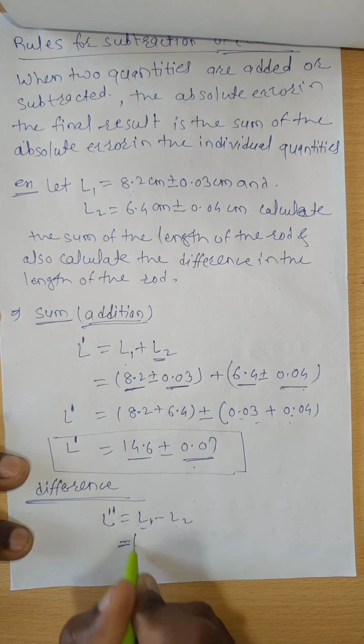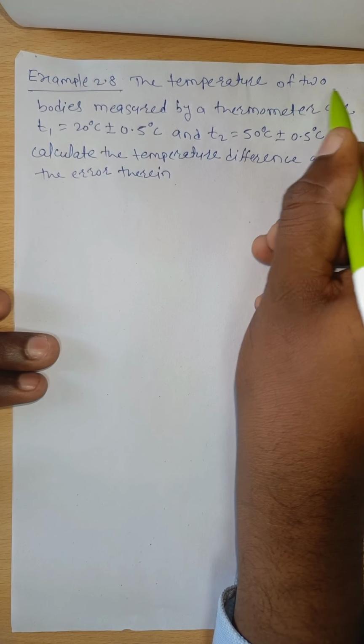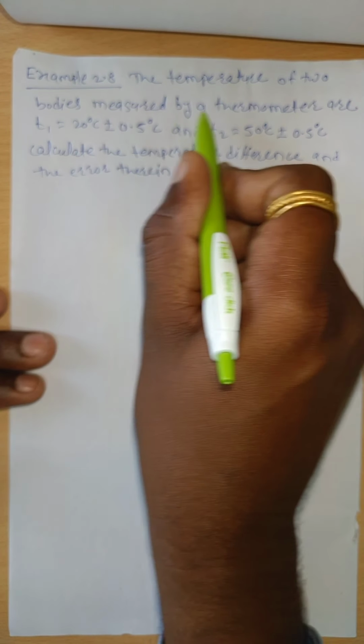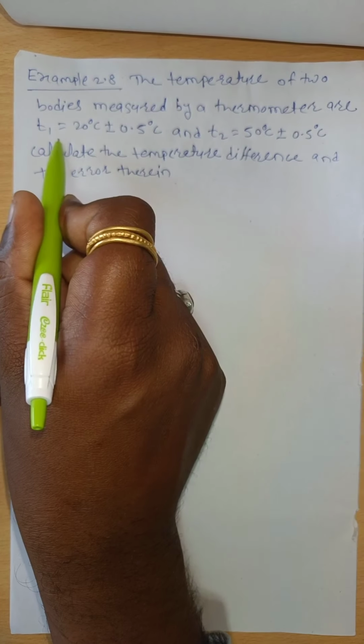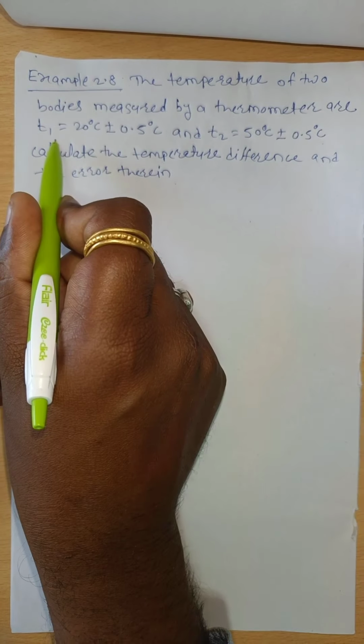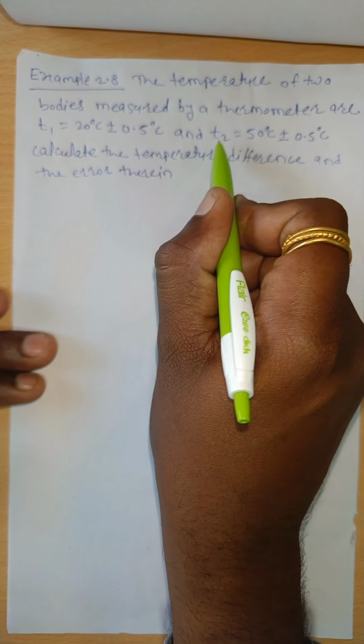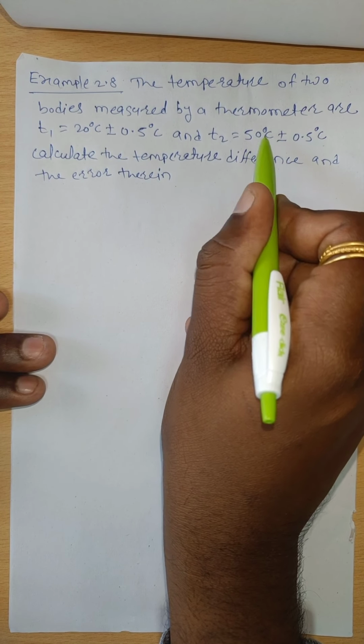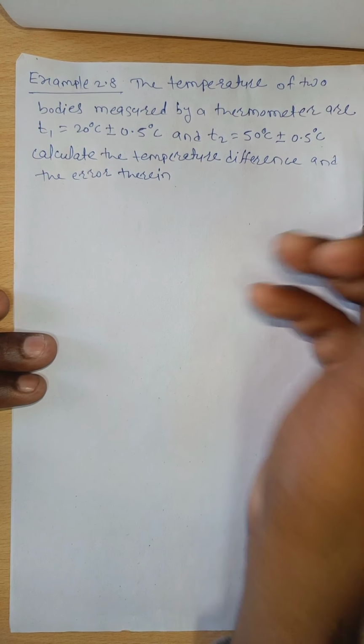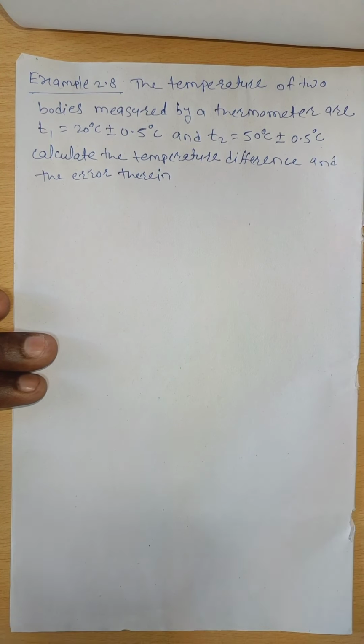Example 2.8: the temperatures of two bodies measured by thermometers are T1 equal to 20 degrees Celsius plus or minus 0.5 degrees Celsius and T2 equal to 50 degrees Celsius plus or minus 0.5 degrees Celsius.